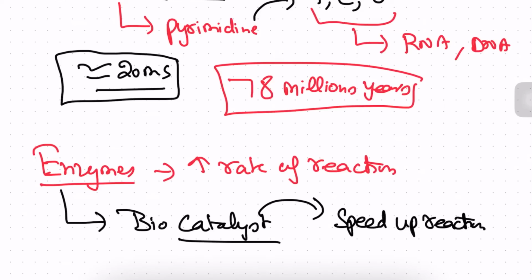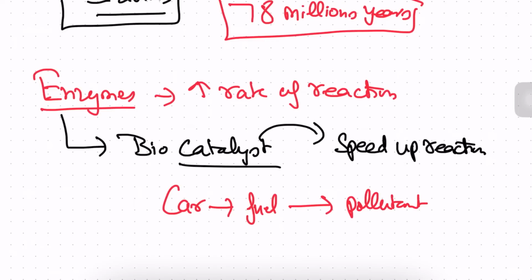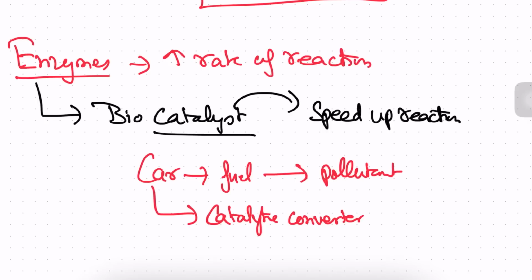Hopefully you must know that in a car, the fuel is being burned, and then you see the pollutants being released. Now within the car you are going to have a catalytic converter, and that catalytic converter will convert the pollutants into less toxic substances.